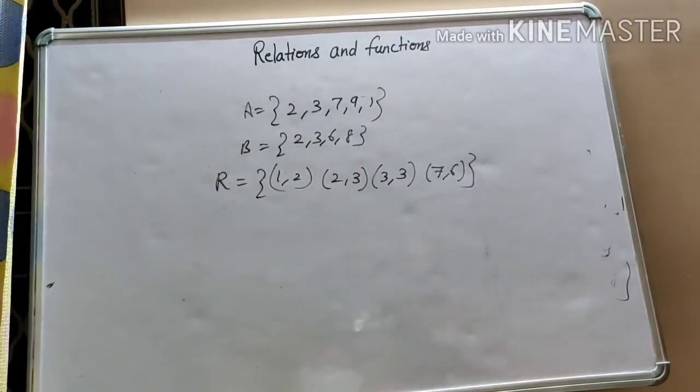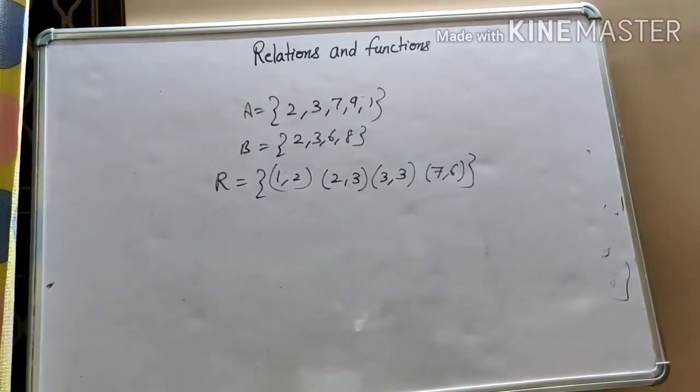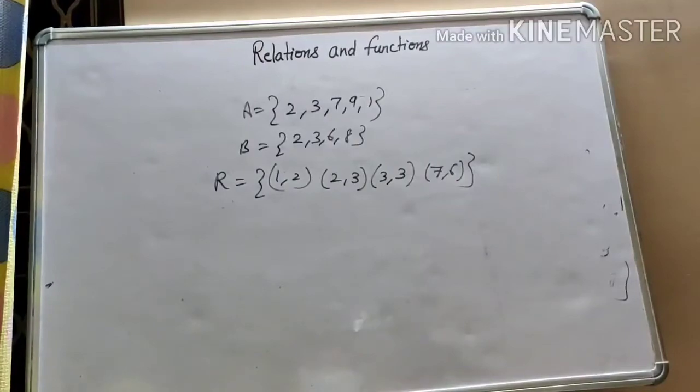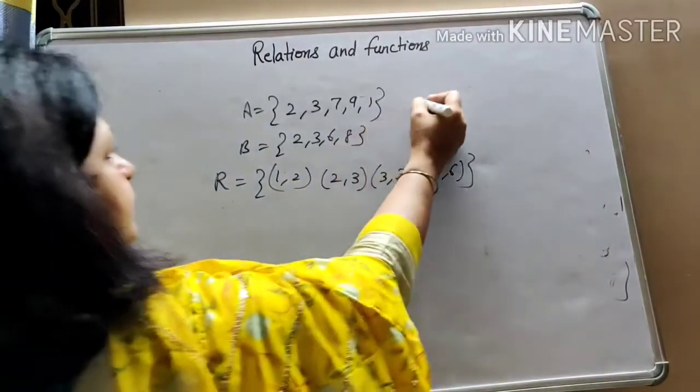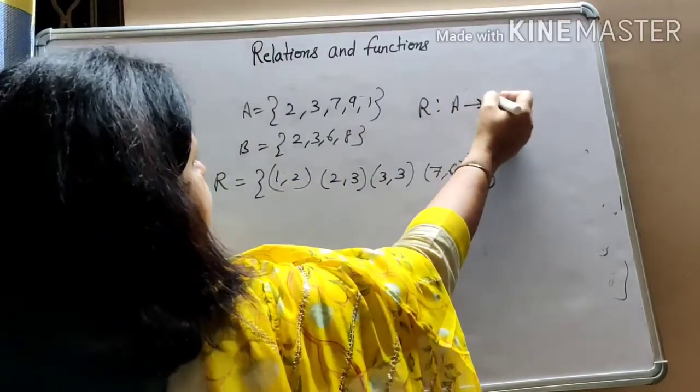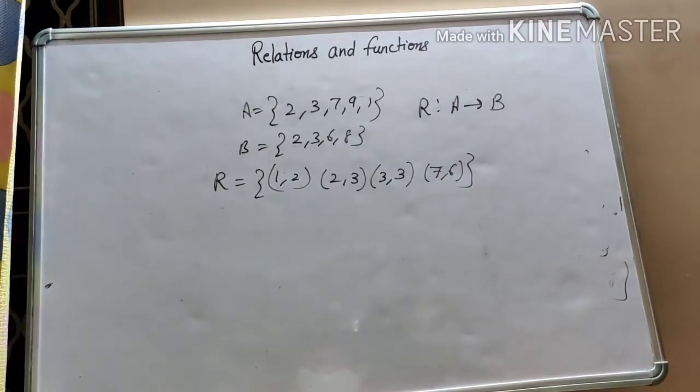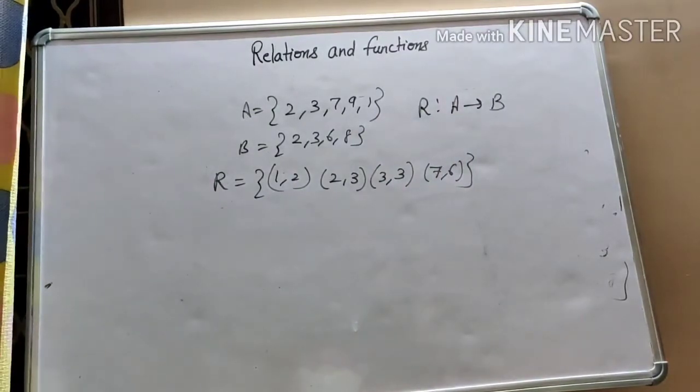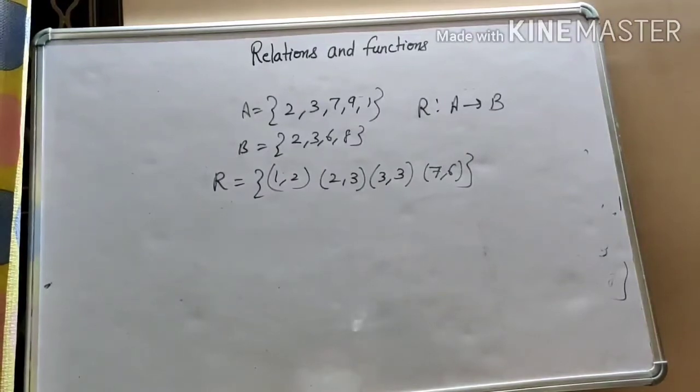Now what is the domain, range and codomain, and relation is from set A to set B. Now relation is from set A to set B. Now what is domain, codomain and range of this relation?